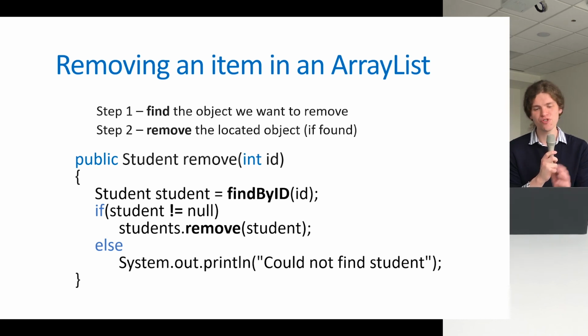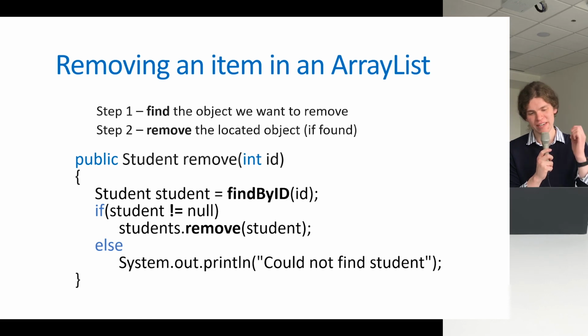We're saying if student is not equal to null. What does that mean? Well, that basically means, is there something there in student? If it isn't null, then we must have returned something, must have found something. So assuming our find algorithm works okay, then we found the right student.